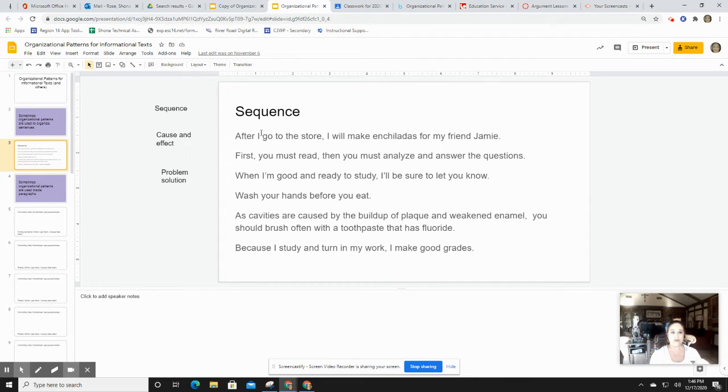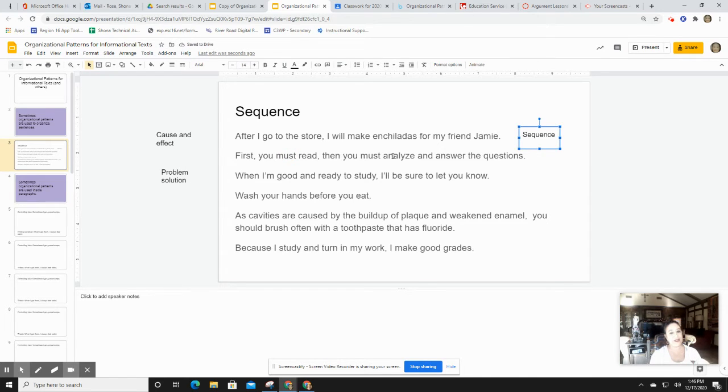For example, this one right here, after I go to the store, I will make enchiladas for my friend Jamie. Well, guys, that is what we would call a sequence because it tells the events in order of the way that they happen.